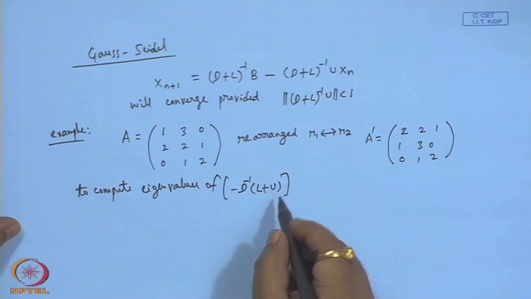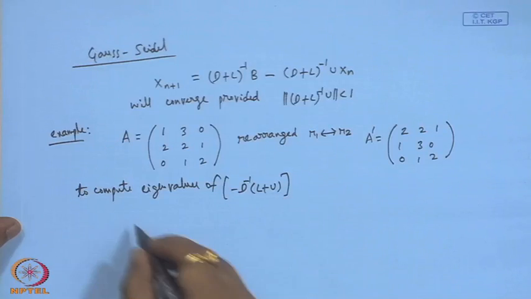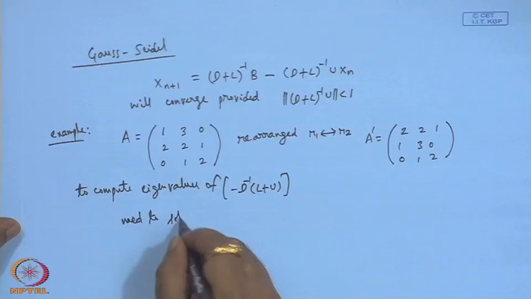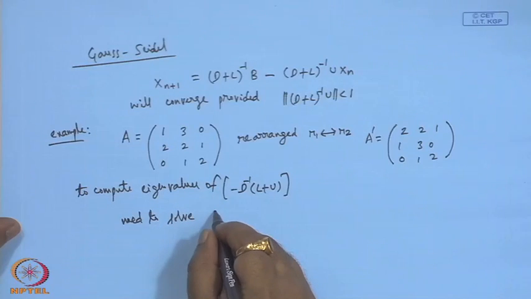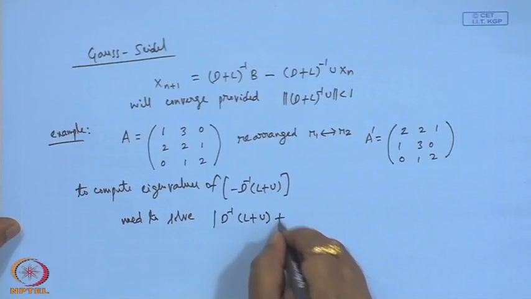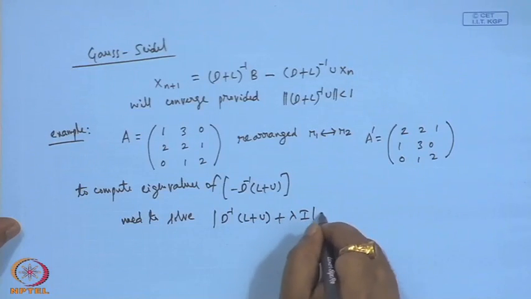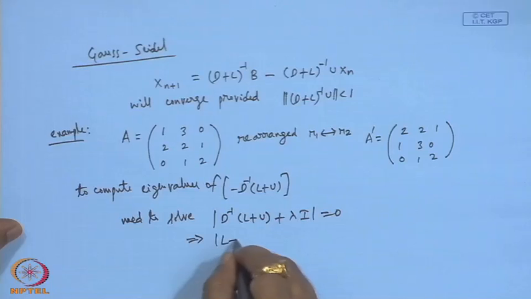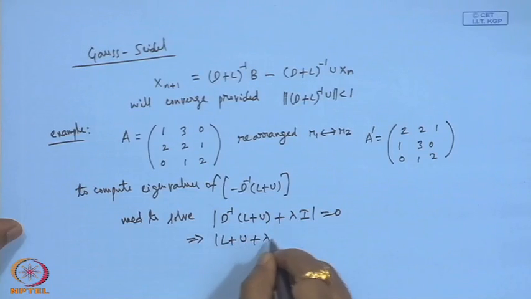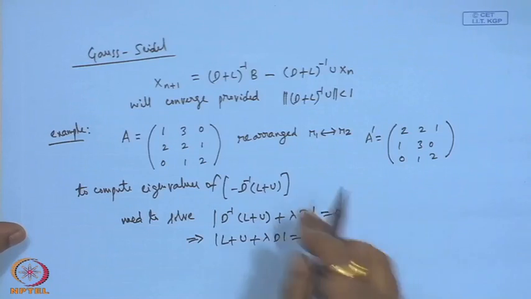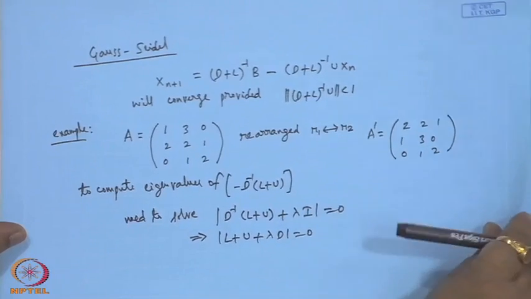To compute the eigenvalues of this, we need to solve the characteristic equation. Since D is non-singular, this amounts to the corresponding equation. Now for the present case, for A prime.